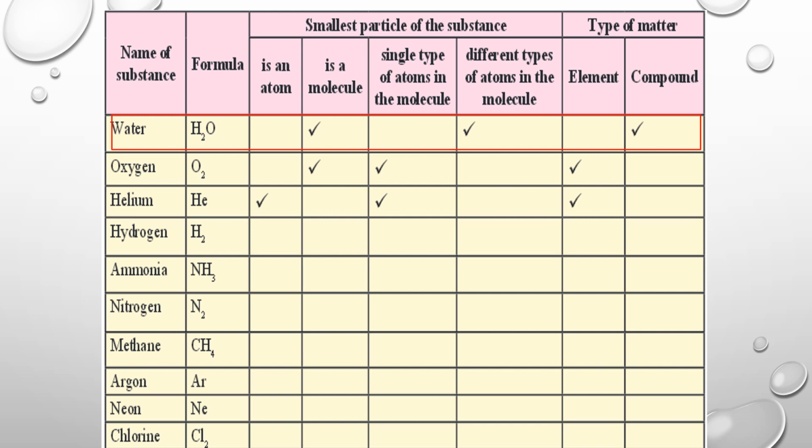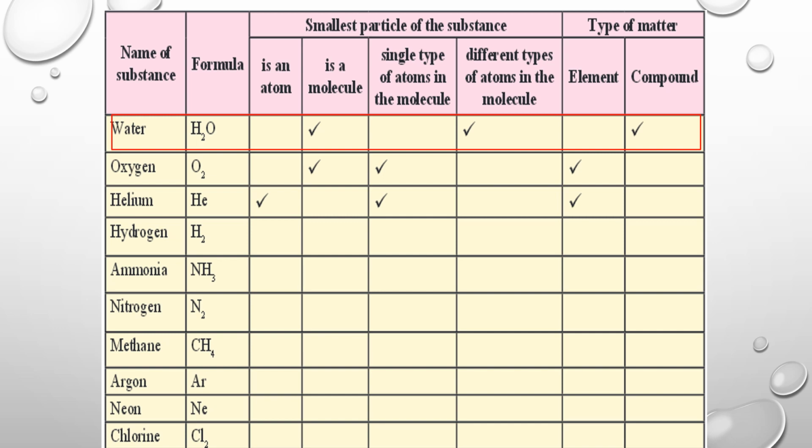Whenever you have more than one capital letter and a number in the formula, you should always understand it is a molecule. I repeat, whenever you have more than one capital letter. In H2O you have two capital letters, and it also has a number, so it is a molecule. That is why we tick the column for molecule.